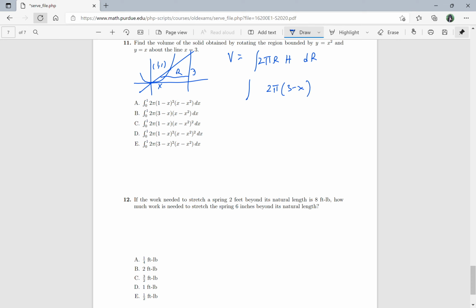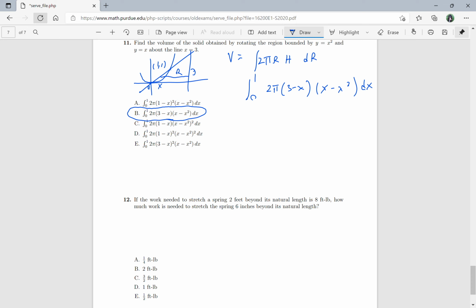And then our height is the top graph, the line, minus the bottom curve, the parabola, x minus x squared. And the shells have thickness, left to right, horizontal thickness, and x goes from 0 to 1. And then if we were to calculate that integral, we just distribute through and do a few power rules.